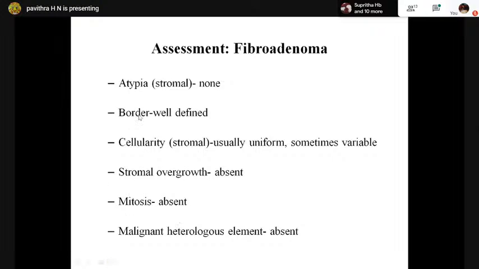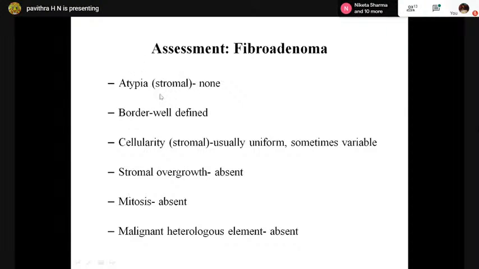So, one of our seniors used to say, we have to assess all these features in fibroadenoma and phyllodes to differentiate between fibroadenoma and phyllodes, and also between the phyllodes. So, these are the WHO features, but he used to always give us a mnemonic, ABCSML. So A is for atypia. You look for atypia in stromal cells, but not in the epithelial.